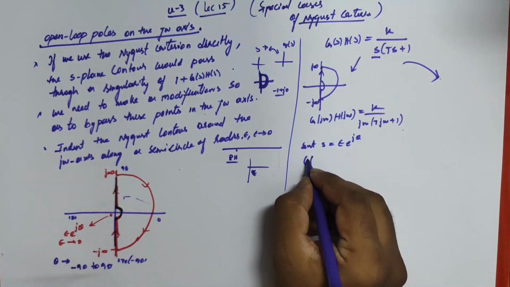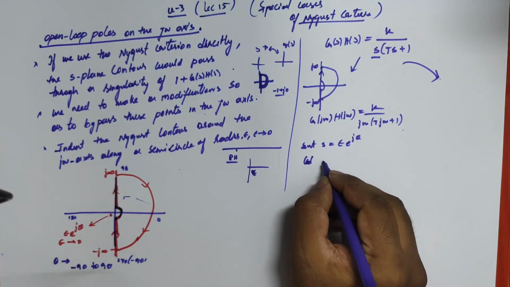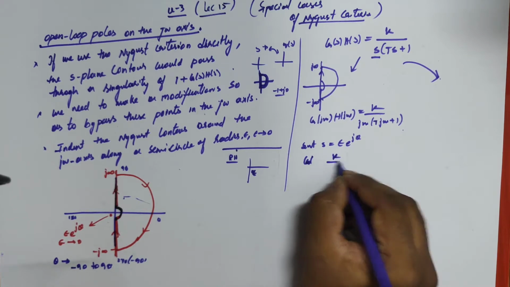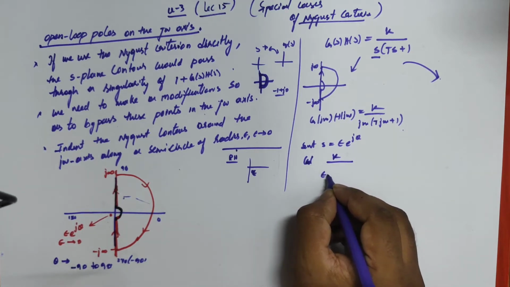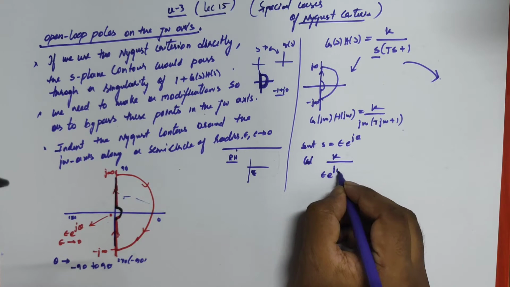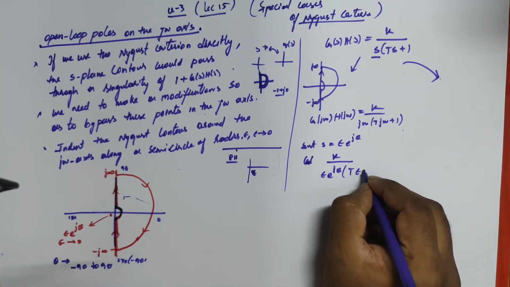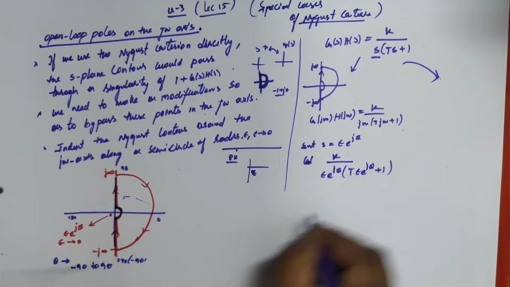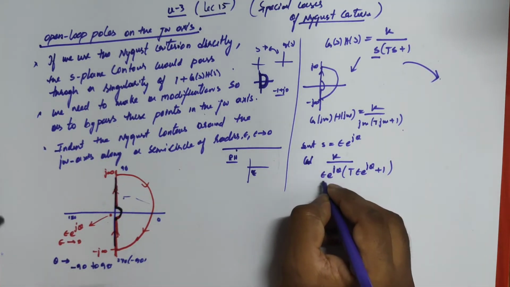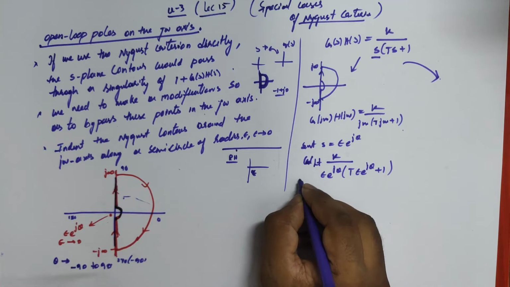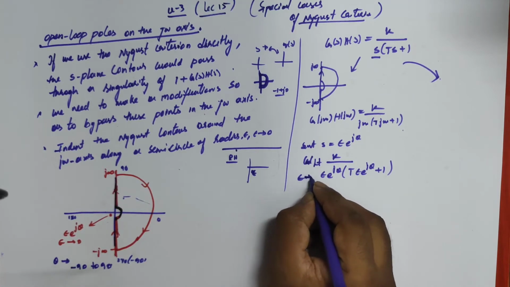So I'll obtain this function as K by epsilon naught e power j theta times T of epsilon naught e power j theta plus 1. Okay. Now this epsilon naught tends to 0.